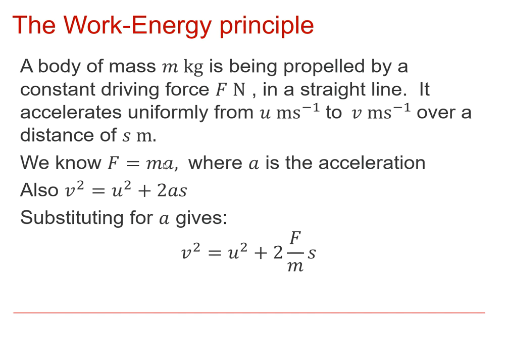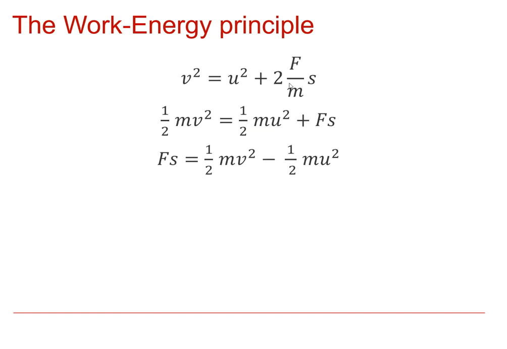If we take F equals ma, we can rearrange that to say a equals F over m, and so we can replace a with F over m. That's what has been done there. We'll take that equation and write it again on a new page. Then all we're going to do is multiply through by a half m.